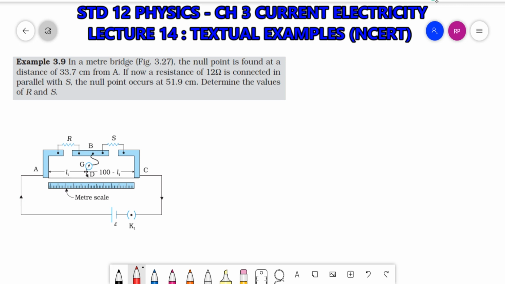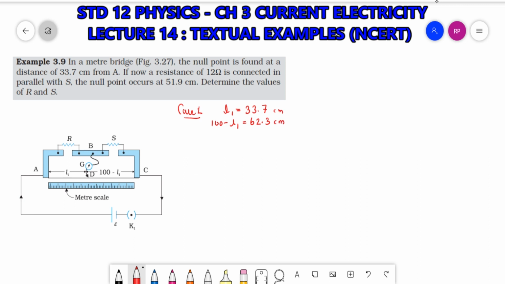Okay, so first we will take case 1, where the null point, that means L1, is equal to 33.7. So what will be 100 minus L1? That will be 100 minus 33.7, that will be equal to 62.3 centimeter.